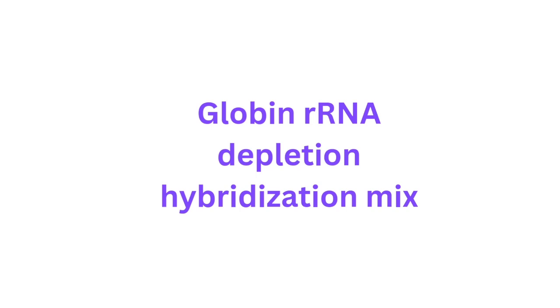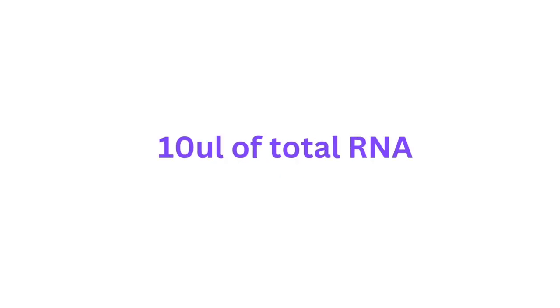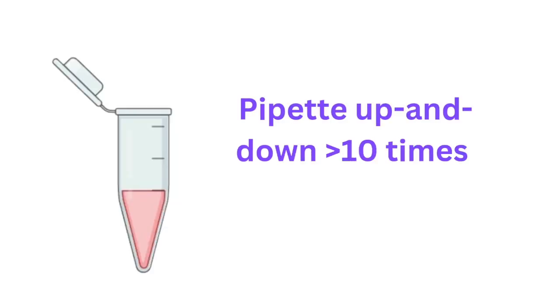Here you can make a master mix by adding the globin and ribosomal RNA depletion solution with the probe hybridization buffer for as many samples as you have, and then add in 10 microliters of your total RNA. Once you add them together, you want to mix really well. Here it's recommended you mix at least 10 times.